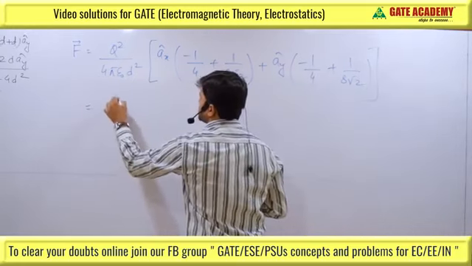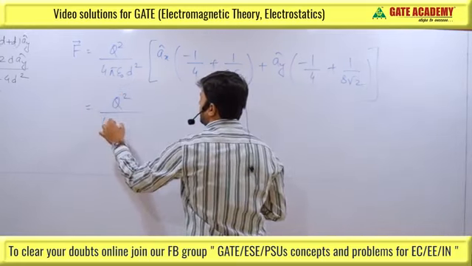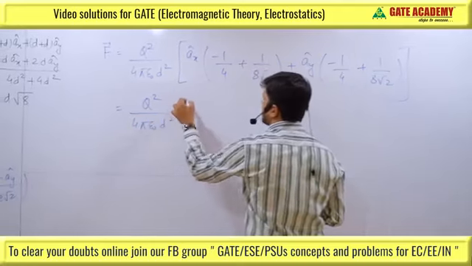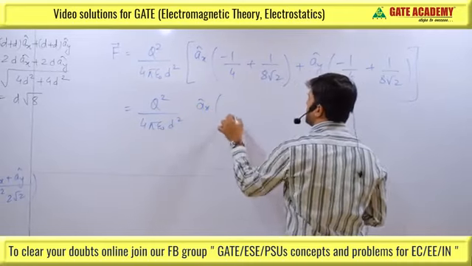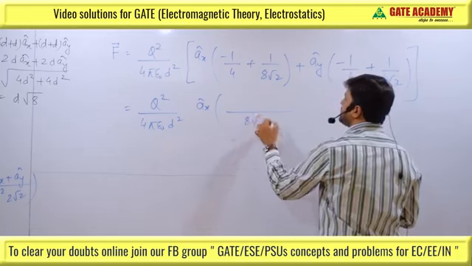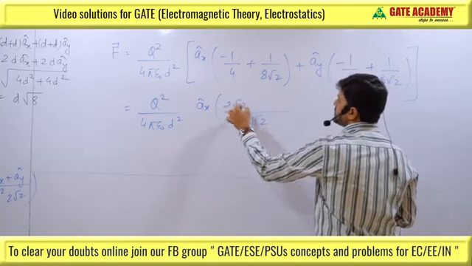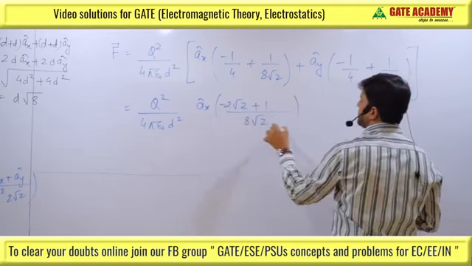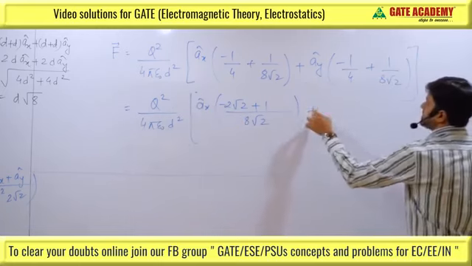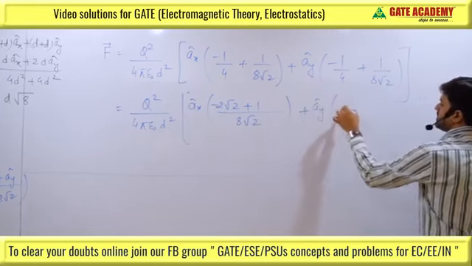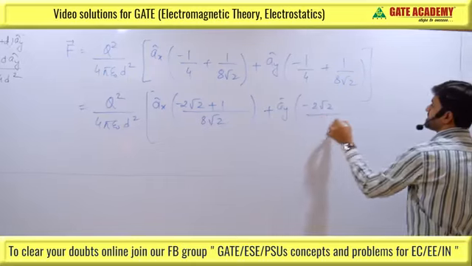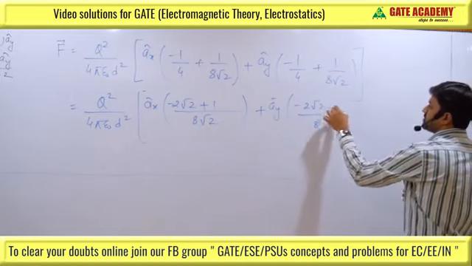So if we solve this, q square upon 4 pi epsilon naught d square, Ax cap, this will be 8 root 2, and this is 2 root 2 with minus sign, this is plus 1, and this is also minus 2 root 2, LCM is 8 root 2 and 2 root 2 plus 1.